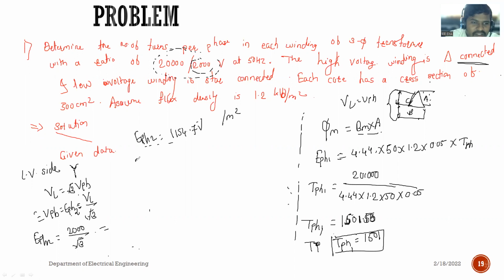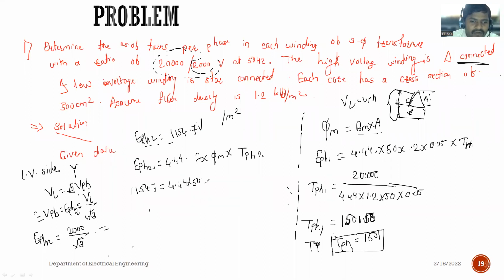Now if we use the same formula, that is EPH2 it is equals to 4.44 EF into phi m into number of turns on the secondary side. Okay, so see, EPH2 is, you people know, 1154.7, 4.44.